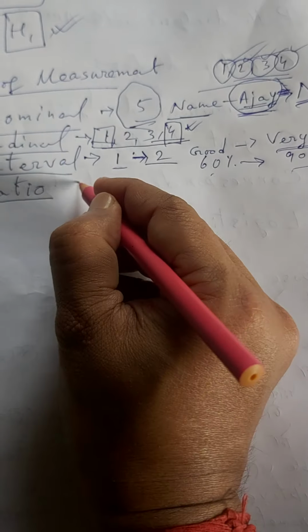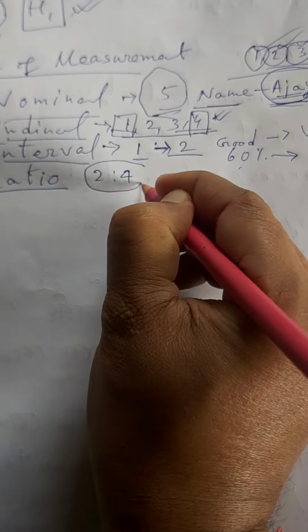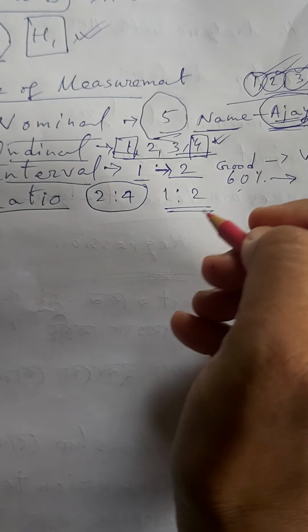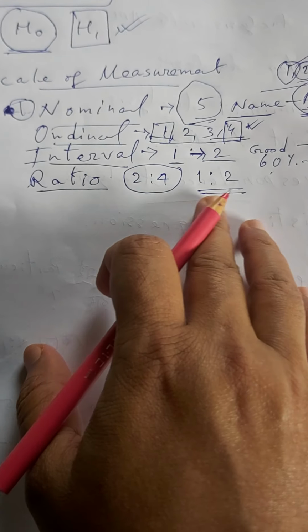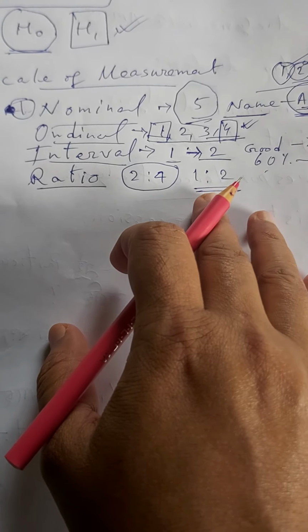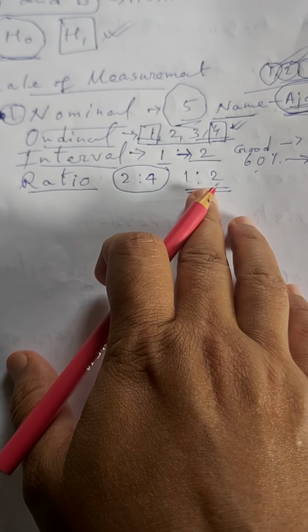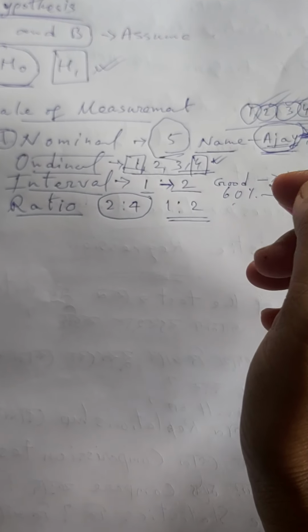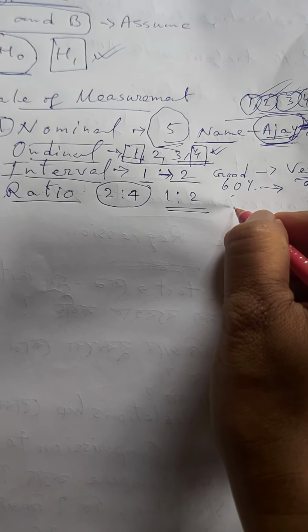Ratio. 2:4, there is a ratio of 2:4, that means 1:2. There is a ratio. When something is said in a ratio format, in Bengali it's called onupat. For example, the ratio of tea and milk.